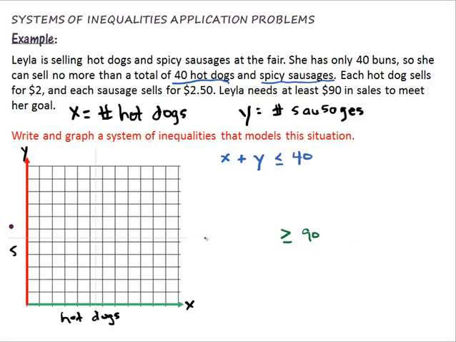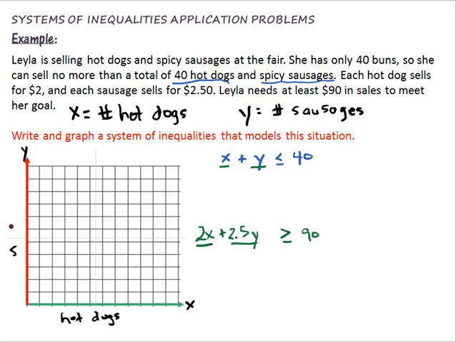Now if I take 2 times the number of hot dogs, that would give me my cost in hot dogs, and 2.50 times the number of my spicy sausages would give me that cost. So this is the cost for my hot dogs, that's the cost for my sausages. This is the number of hot dogs, number of sausages. Okay? So that's my system of inequalities.